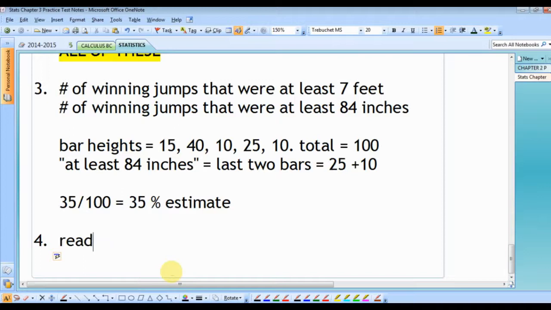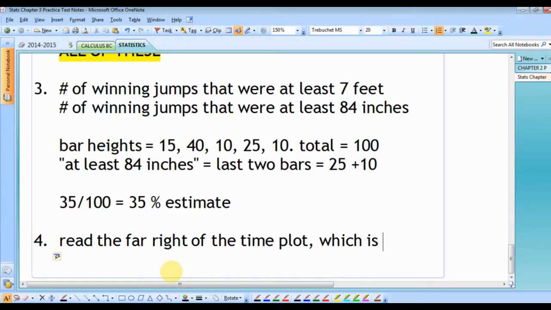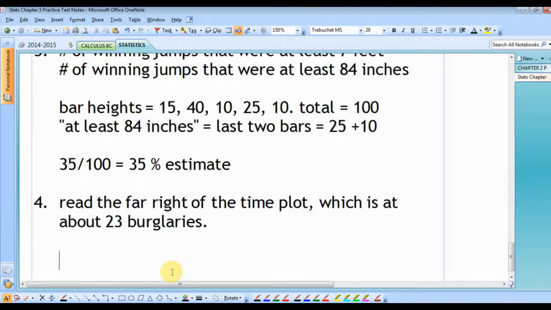Read the end of the time plot, which is at about 23 burglaries. You just need to know how to read the graph. Another question would be about how many burglaries were in January 1988. Could be any of these dates.